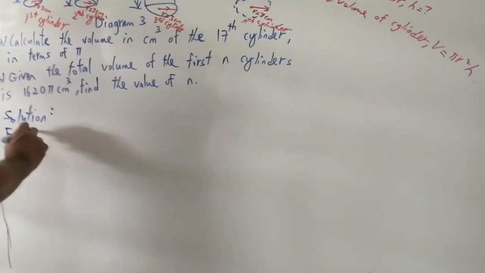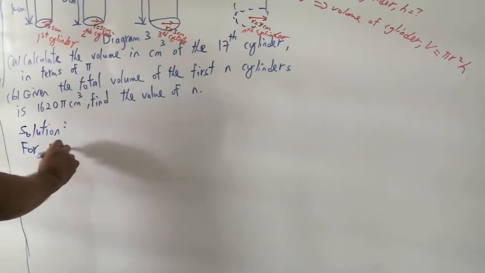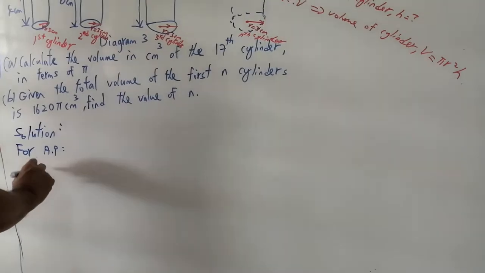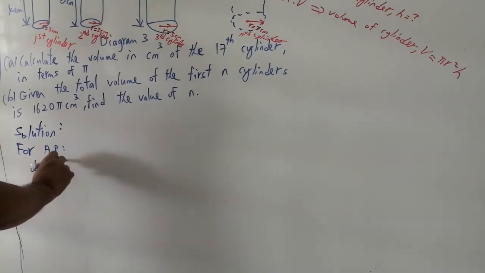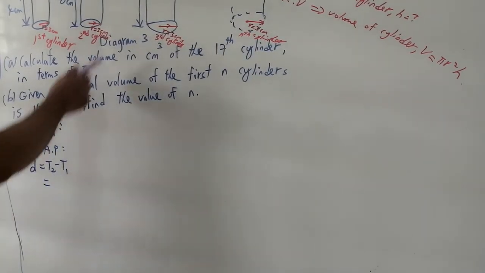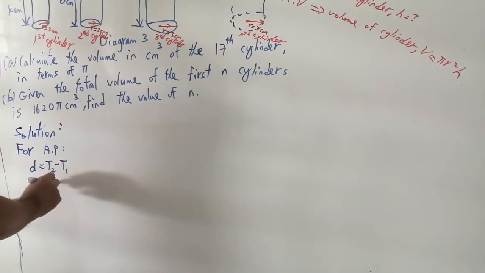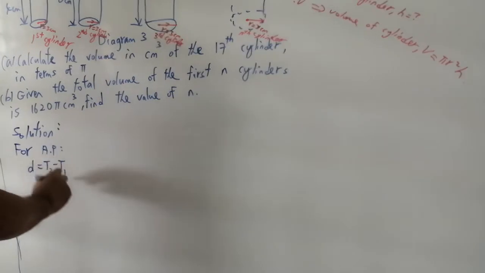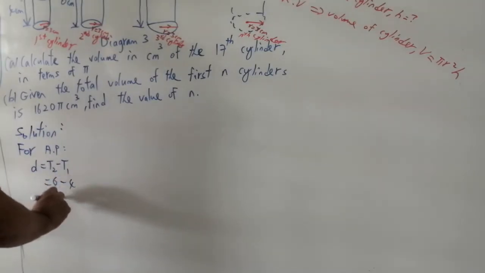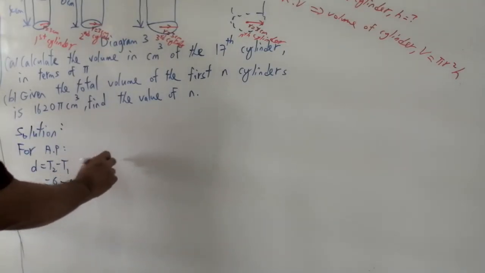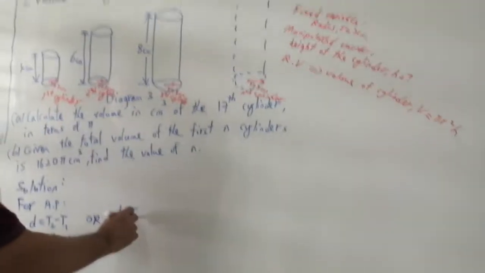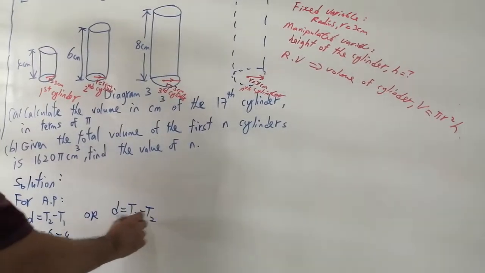For AP, arithmetic progression, we use the common difference. d equal to second term minus the first term. Second term is 6 cm minus first term 4, so equal to positive 2. Or d equal to third term minus second term.